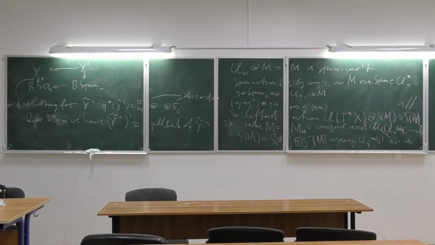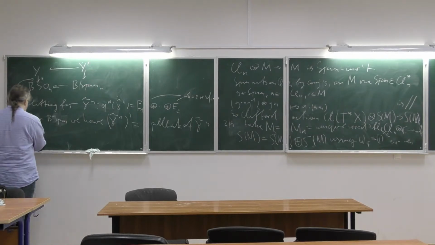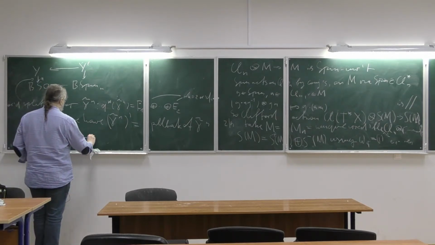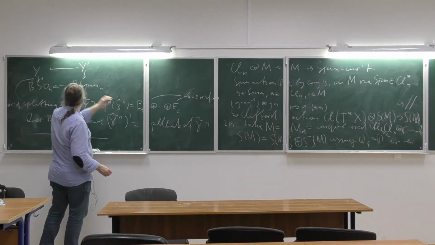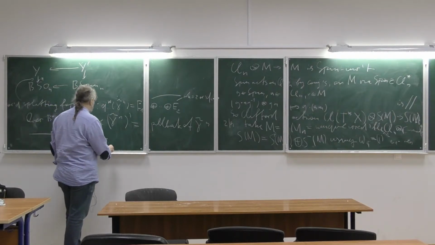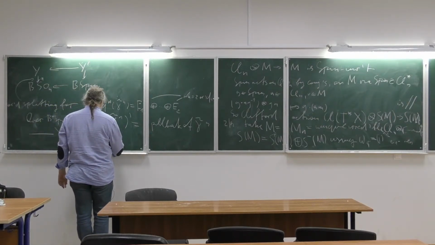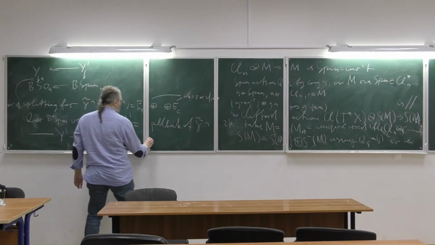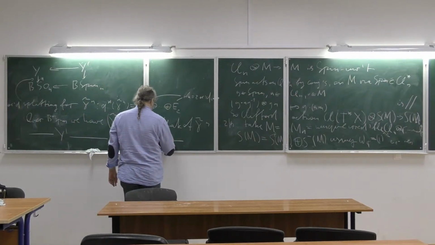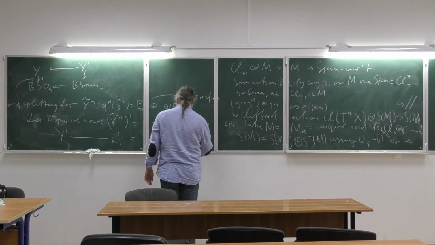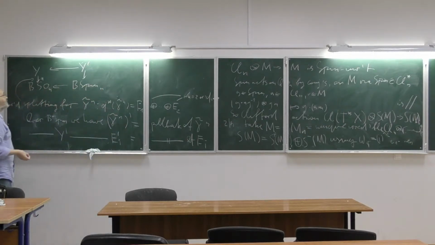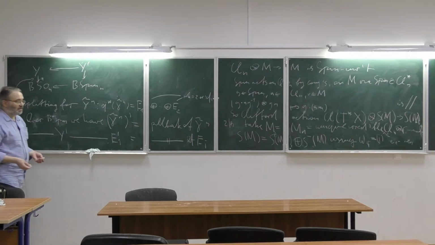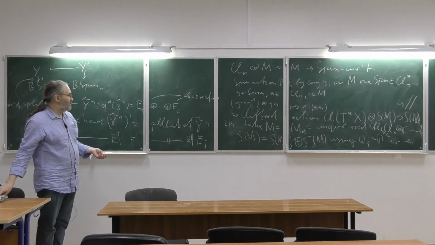And similarly, if I take these bundles, pull them back to Y prime, I get some bundles, and my claim is again these bundles have a spin structure.